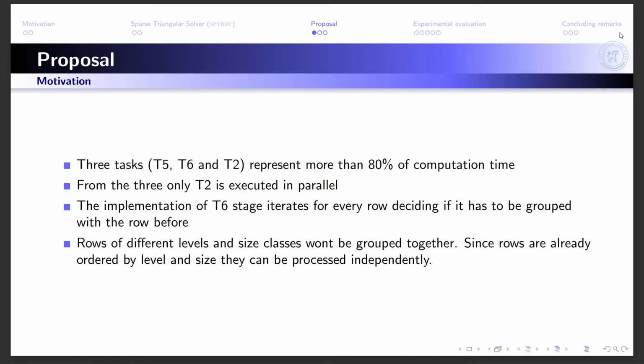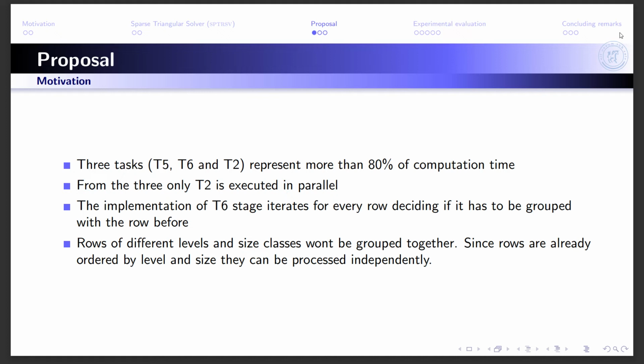We found that 3 tasks, 6, 7, and 2, were more than 80% of the computation time, and from them just T2 was in parallel. The implementation of T6 iterates for every row after they are ordered and decides if grouping it with the row before.